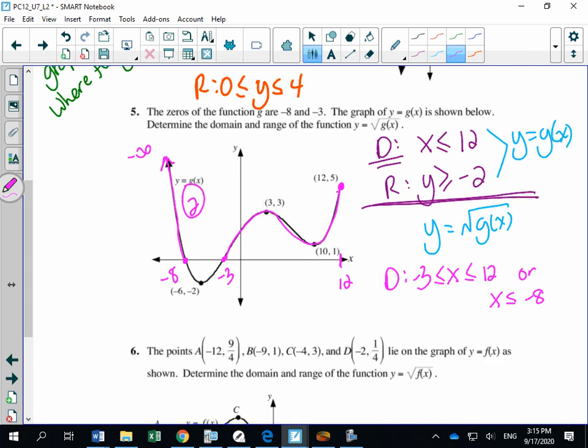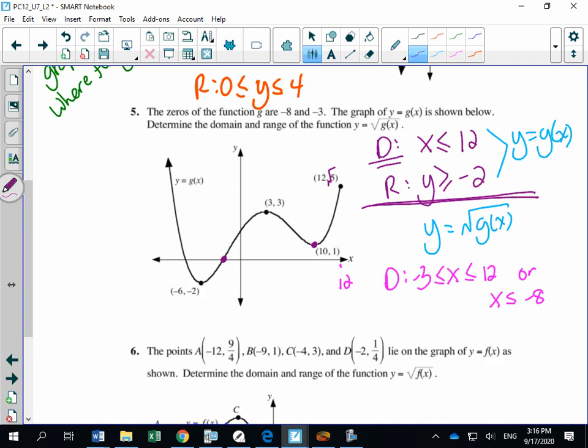Okay, we have to get the range. And the range of this graph is slightly more complex. So we know that this is going to be an invariant point, and this is going to be an invariant point. In order to find out where this point goes, the new point is going to be at 12 root 5, right? So 12 root 5 is going to be at 12, 2.2.